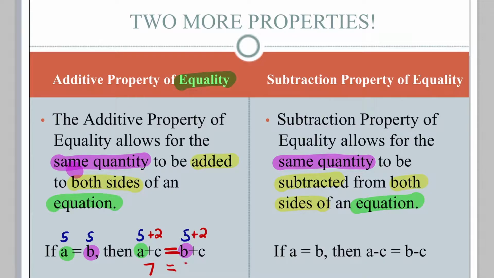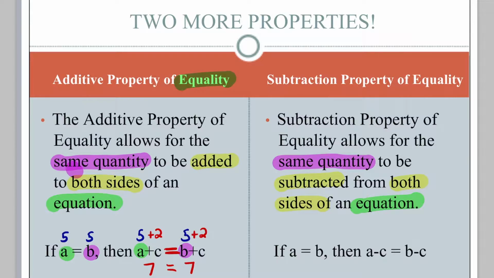So this 7 is still equal to 7. The property of equality did not change. Both sides are still equal to each other. Whenever we have an equation, we have to make sure that both sides are equal.